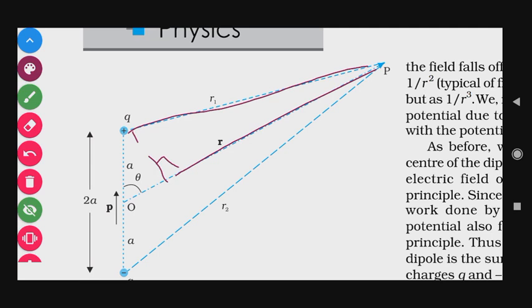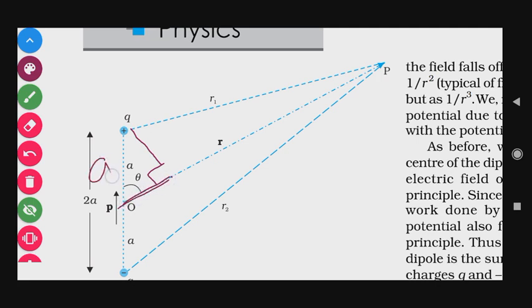So how much is this? We have to find this length, because we are converting r1 in terms of r. If I draw the perpendicular, how much is this length? From trigonometry you can figure it out: this is a cos theta.